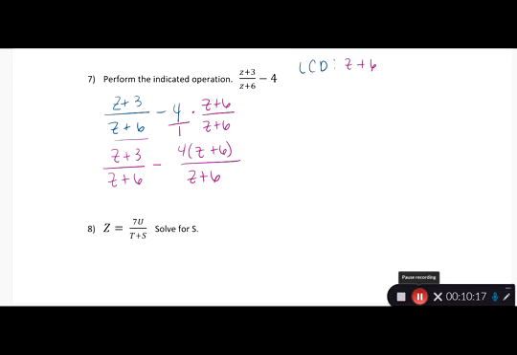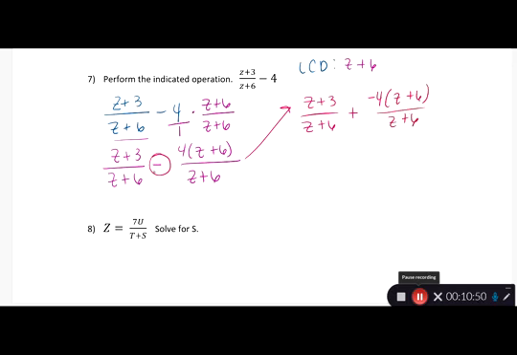Now, here again, we have this minus the second fraction, so hopefully you remember that this is getting distributed. What I don't want to do is distribute it to all 3, right? Because it's being distributed if I just move it to the 4. So what I'm actually going to do is write z plus 3 over z plus 6 plus a negative 4 times z plus 6 all over z plus 6.